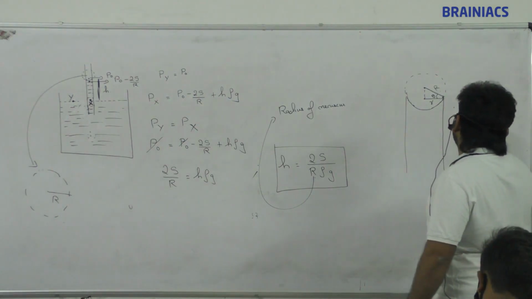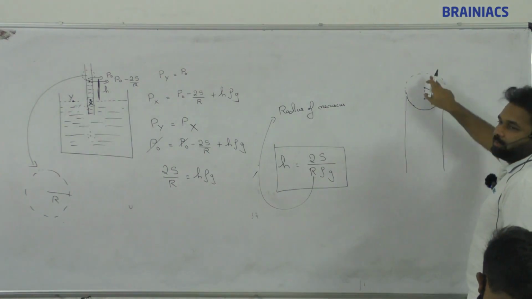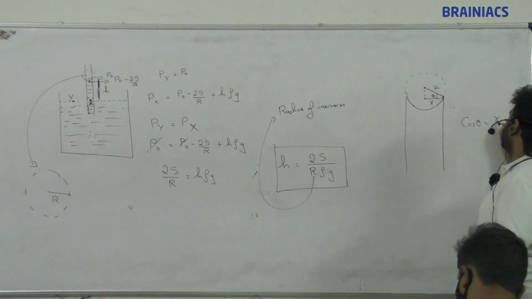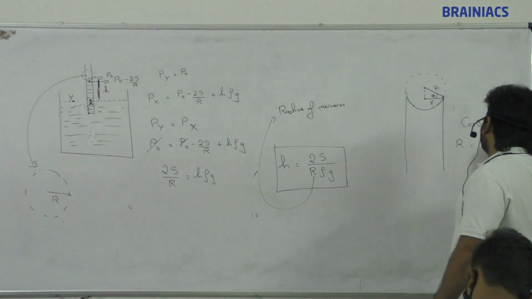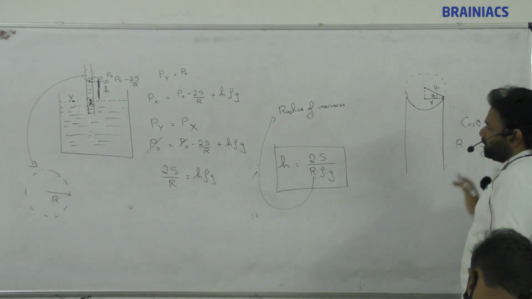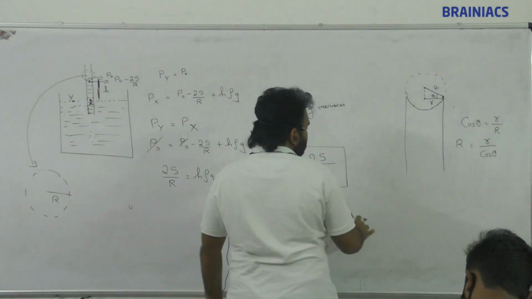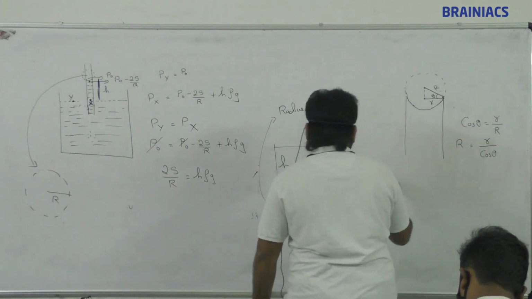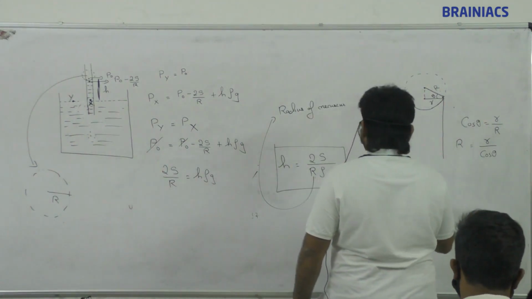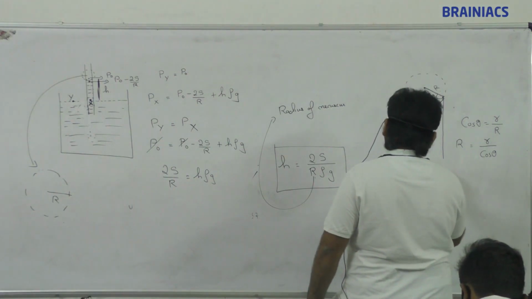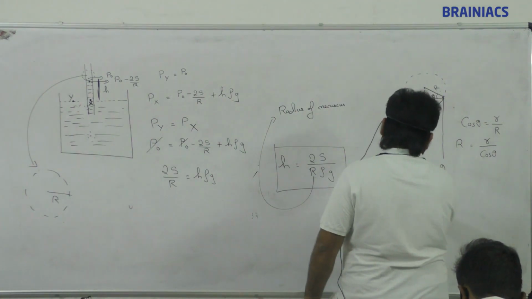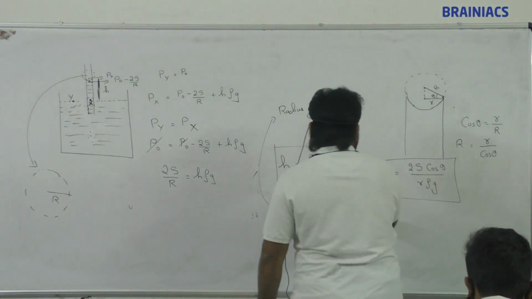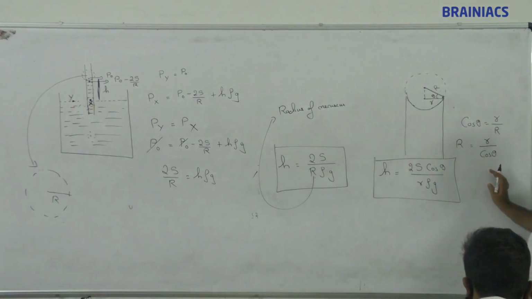So if we put cos theta, this is going to be adjacent side by hypotenuse, so can I write r by R? So R is equal to r by cos theta. So I can modify the same equation: capillary rise height is h equal to 2s cos theta by r rho g. In the place of R, I substitute small r by cos theta. Correct?